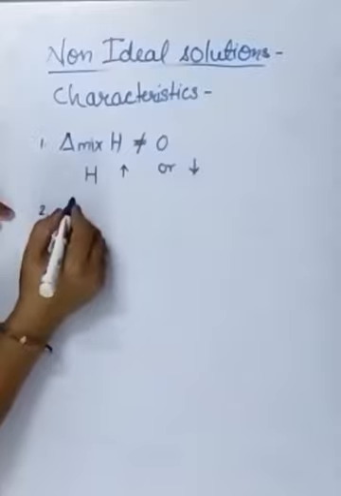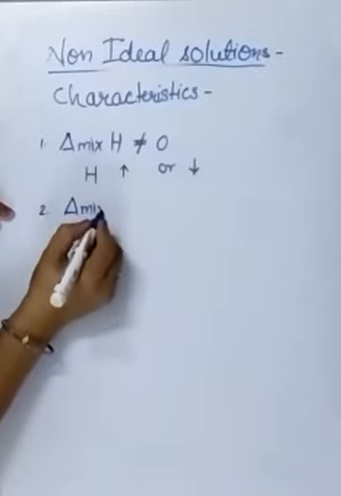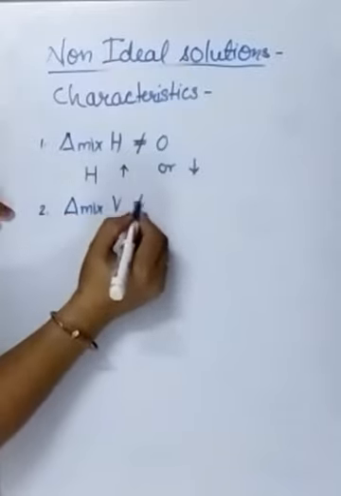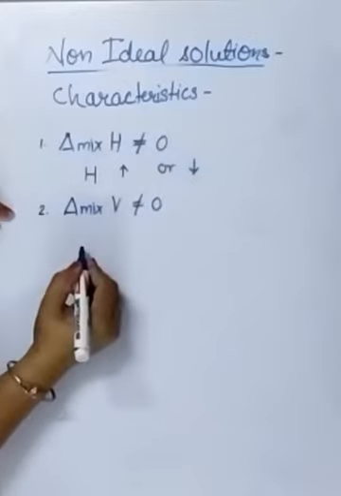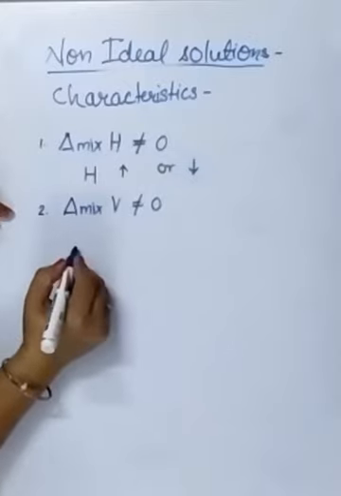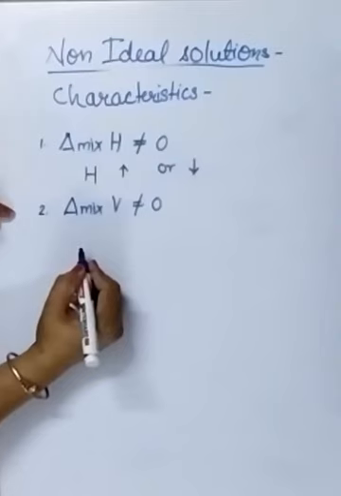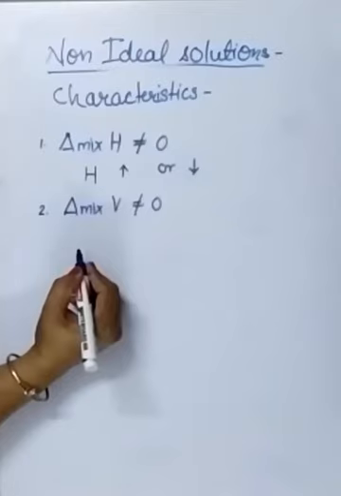Second, del mixing V will also not be 0. That means the volume of the two components separately before mixing is different from the volume after mixing.